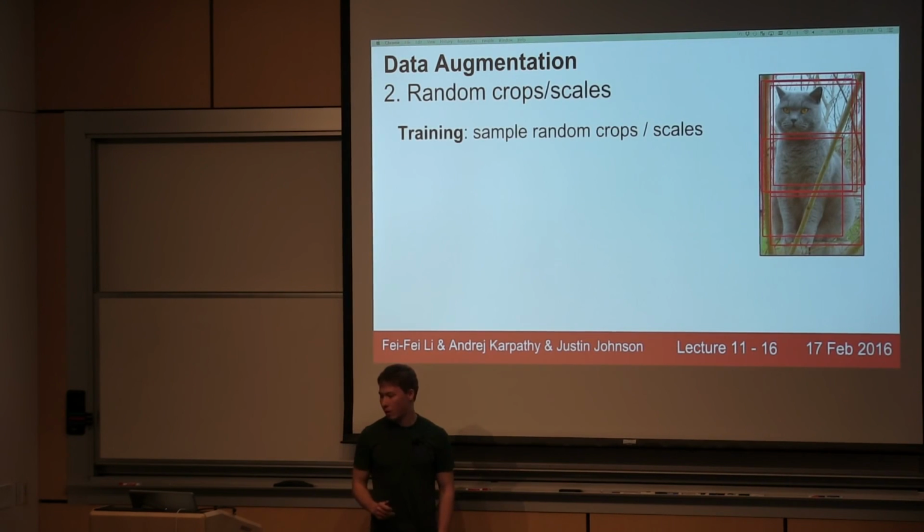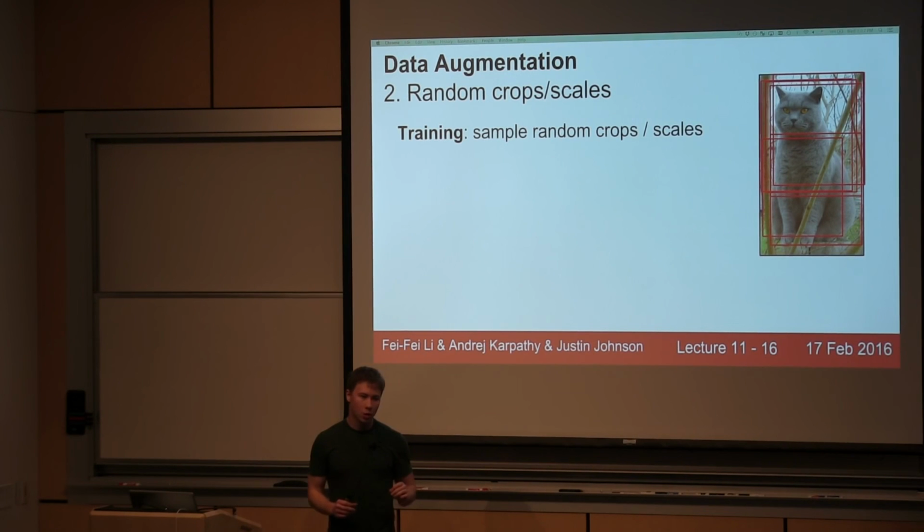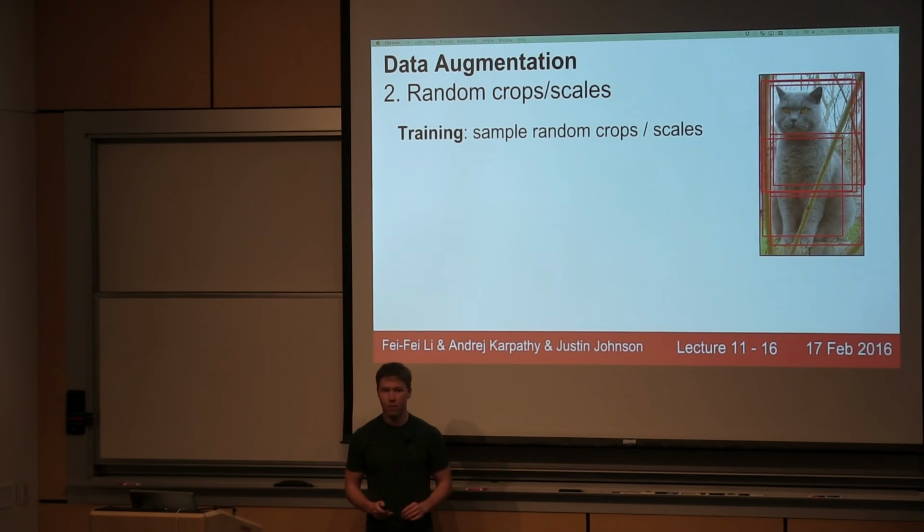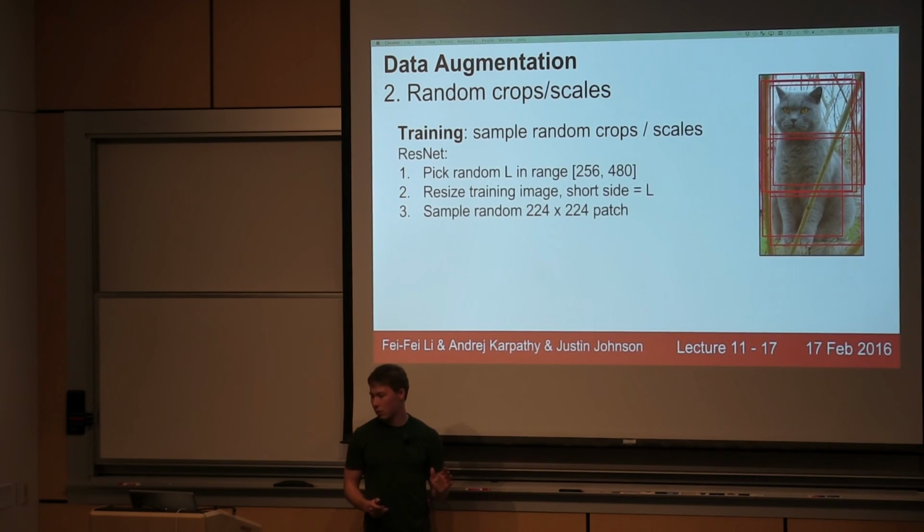Something else that's very widely used is to take random crops from the training images. So at training time, we're going to load up our image, and we're going to take a patch of that image at a random scale and location, resize it to whatever fixed size our CNN is expecting, and then use that as our training example. And again, this is very, very widely used. Just to give you a flavor of how exactly this is used, I looked up the details for ResNets.